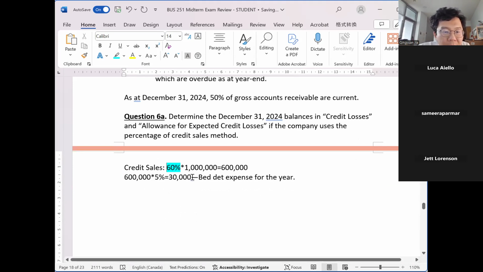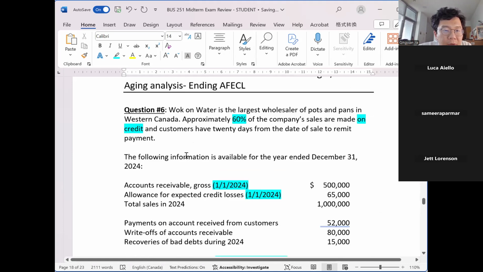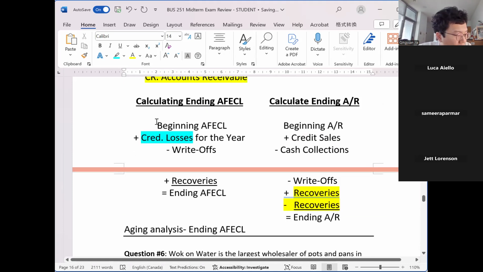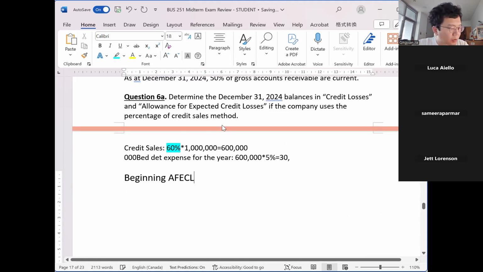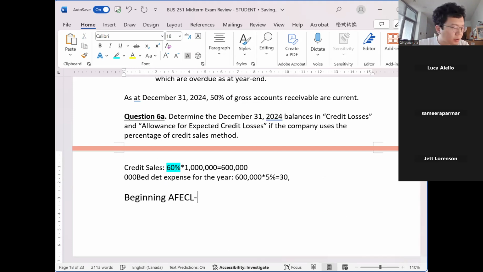Let's put it in this way. And let's use this one. We're gonna use this equation. Even though you don't know what to do, just put the equation here.